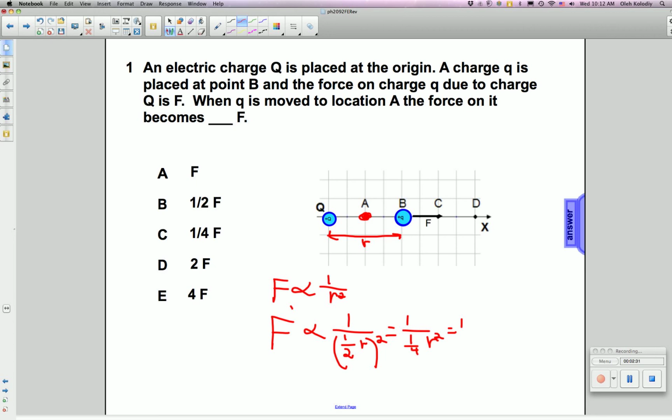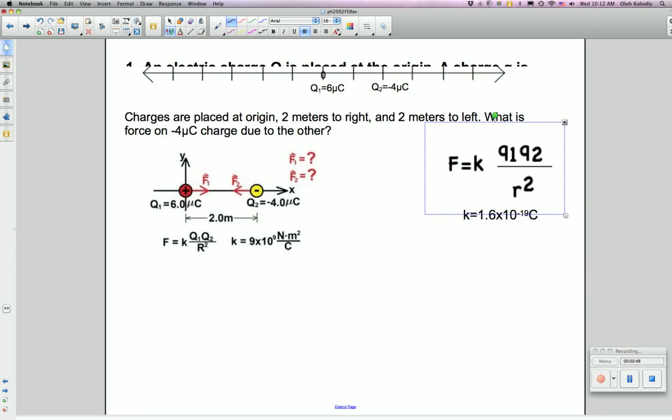So 1/2 R squared is equal to 1/4 R squared. And 1 divided by 1/4 is 4, so 4 times 1 over R squared. Originally it was 1 over R squared. Now it's 4 times that. So this would be the correct answer.